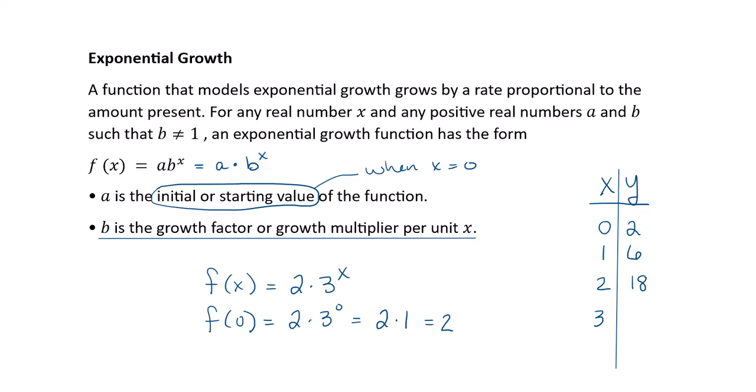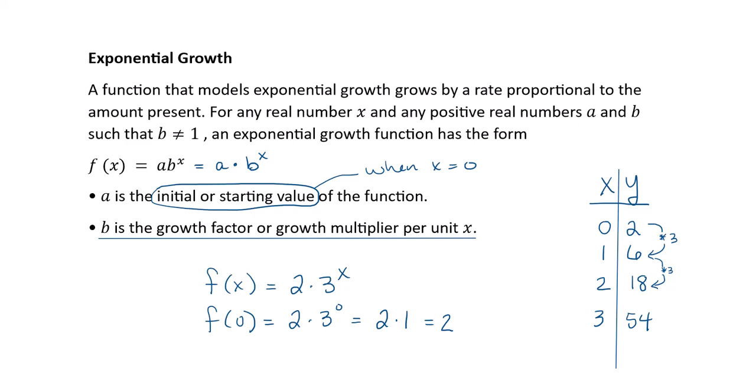If 3 is raised to the power of 3, that's 27, times 2 is going to be 54. Now, when we look at how this is growing, our outputs are being multiplied by 3 to get the next output.